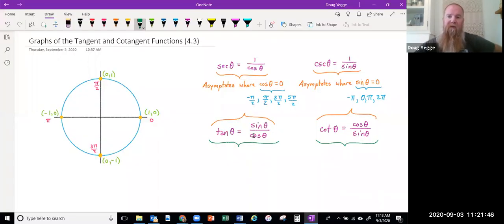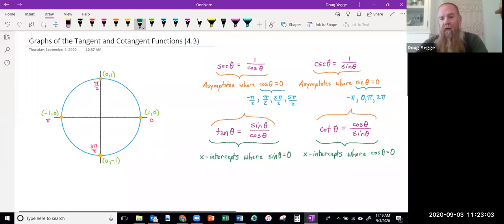If we take it one step further, not only could we find the asymptotes, but we could also find x-intercepts for these functions. We should see that x-intercepts occur where the numerator is 0. So x-intercepts for tangent occur where sine theta is equal to 0.